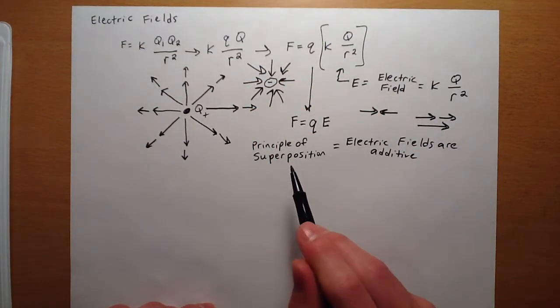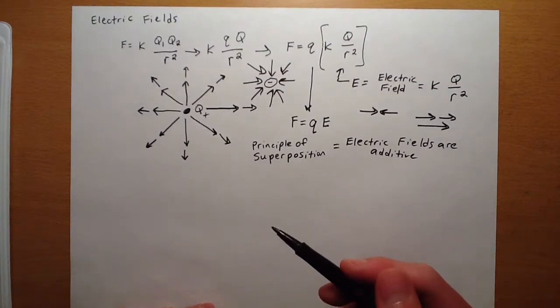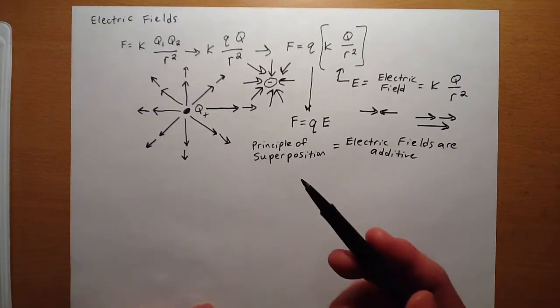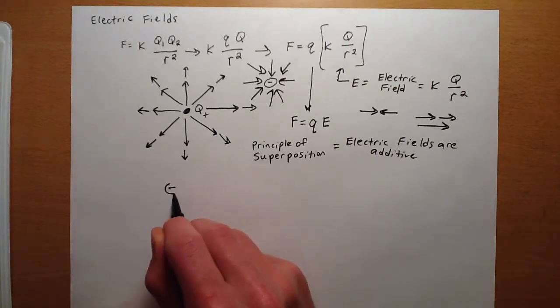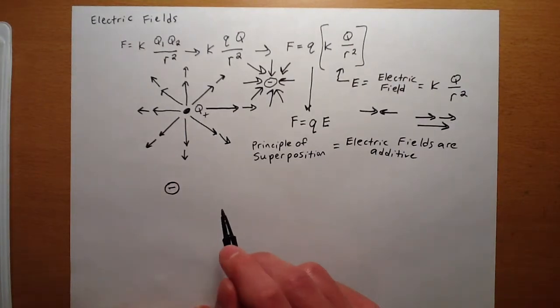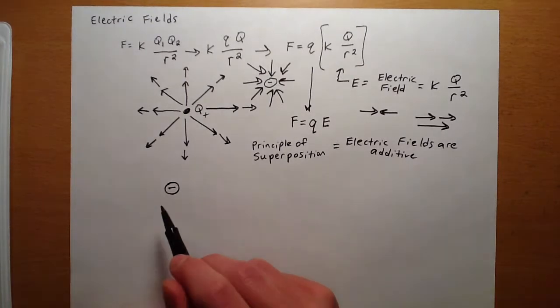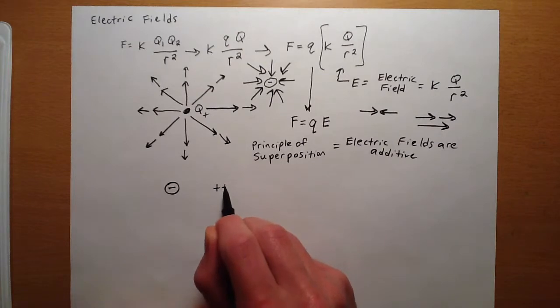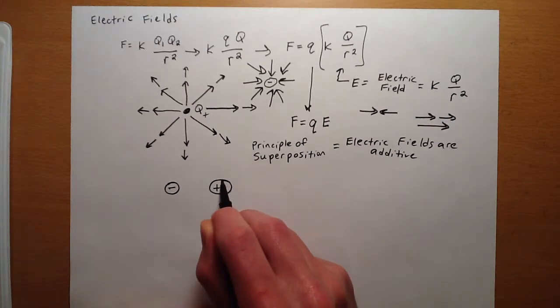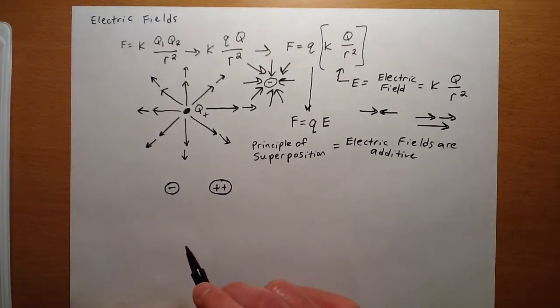Now we're going to explain the principle of superposition in more depth, using an example. So we're going to have a small negative charge. And we're going to have a positive charge that has twice the charge magnitude of this negative charge, which we're going to designate with two plus signs rather than just one, which the minus sign has.